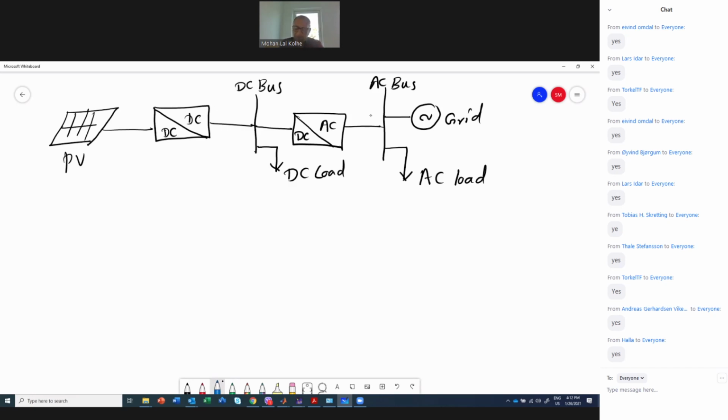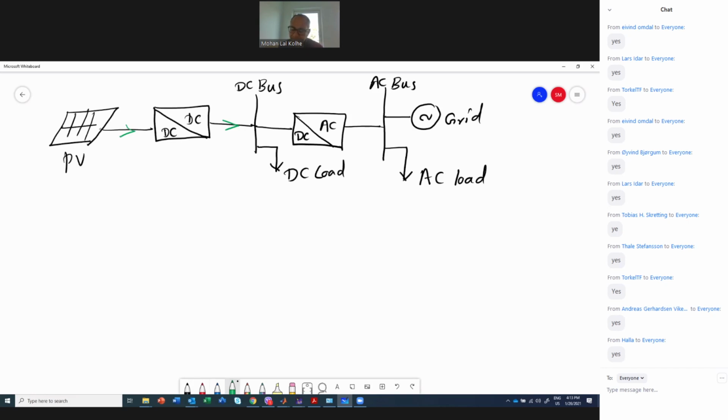If you consider the power flow, the solar PV injects power to the DC to DC converter and then to the DC bus. But there is no power flow from the DC bus to the PV panel. That means power flow from the DC bus to the PV panel should be avoided.